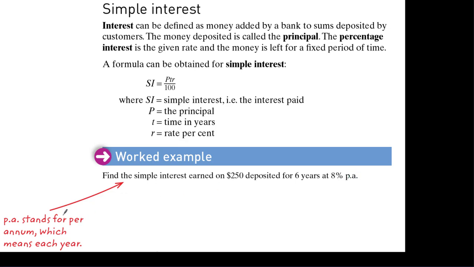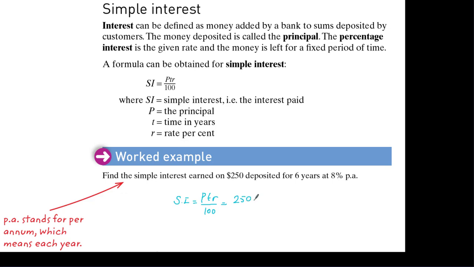P.A. means per annum, which means each year. So when I write the simple interest formula, simple interest is equal to PTR divided by 100. P is the deposited money, which is the principal, here 250.